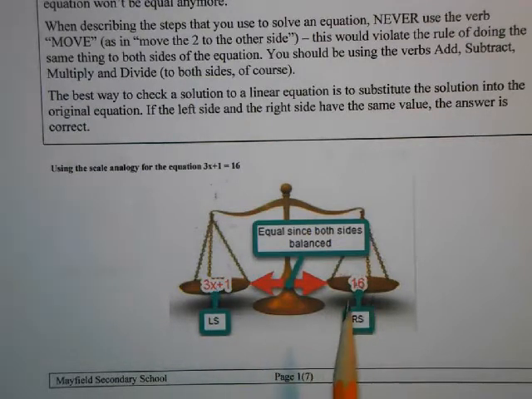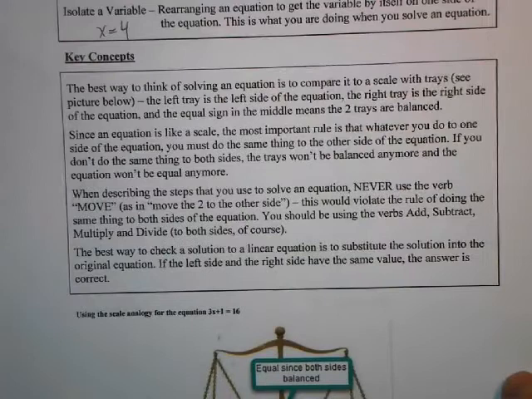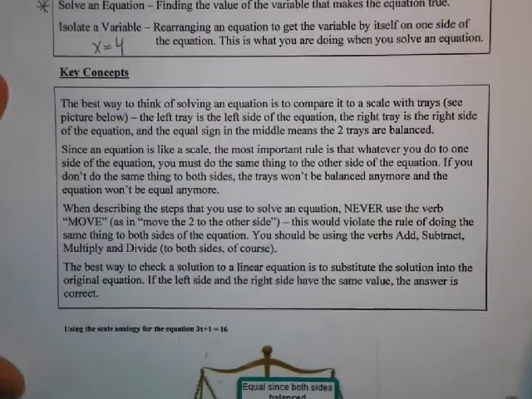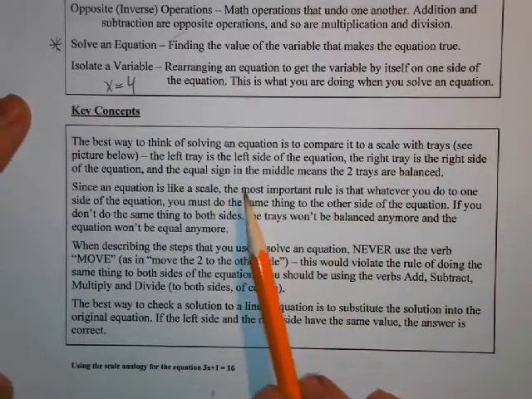So we have to keep that in mind as our golden rule for solving equations. Anytime I'm solving an equation, I have to do the same thing to both sides of the equation. And we'll talk about how we solve it, but that's the main key to how we solve an equation. Okay, so I've kind of talked about this here.